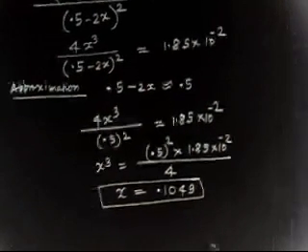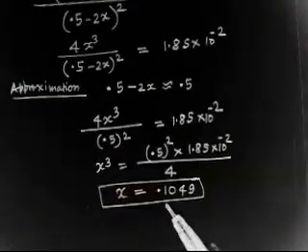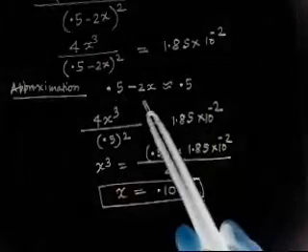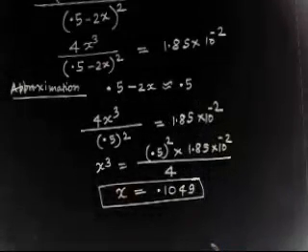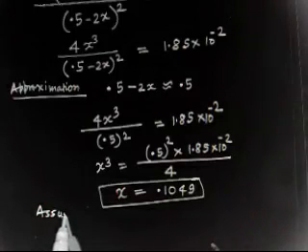In this case, basically the assumption is not valid. What is the error? If we write 0.1, then 2X is 0.2, so 0.5 minus 0.2 is 0.3, and I am writing 0.5. The assumption is not valid at all.